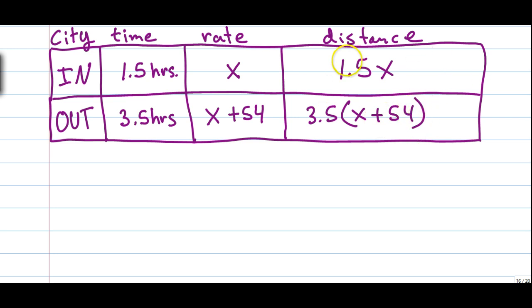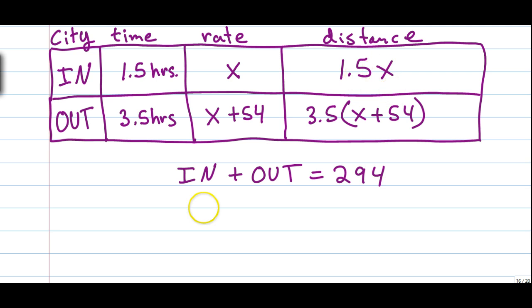Now we need something to plug this distance into. We know by reading the last sentence in the question, if the entire trip was 294 miles, how fast did he drive as he was leaving? Well, we know that his distance in the city plus his distance outside the city is equal to 294 miles.